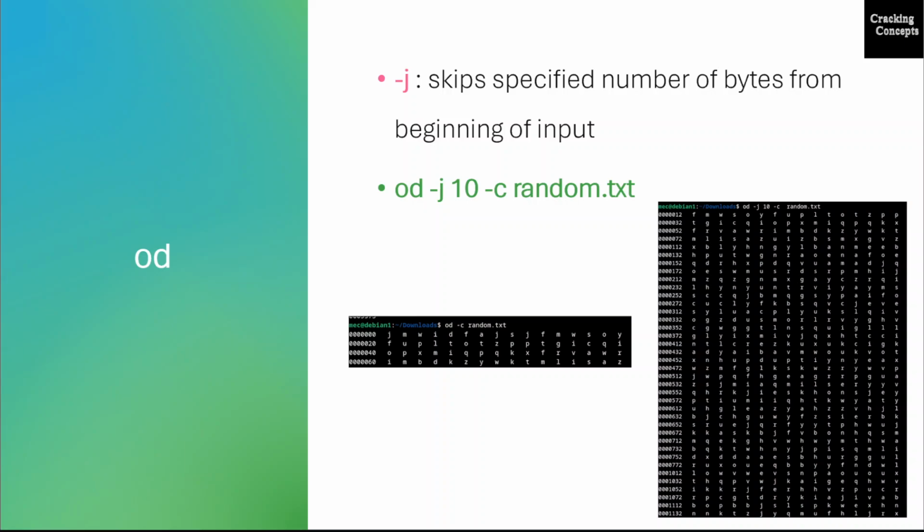So we know it's 2 bytes each. So we are skipping a total of 10, which means 5 of them we need to skip. So J, M, W, I, D will be skipped and F will be printed. Then A, J, S, J and F will be skipped, M will be printed, and so on.